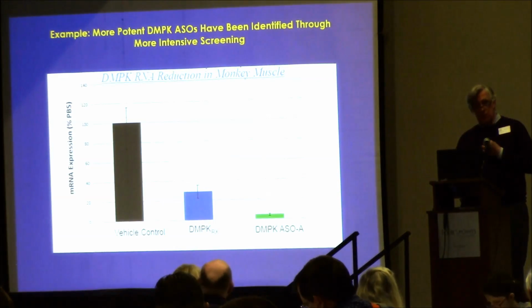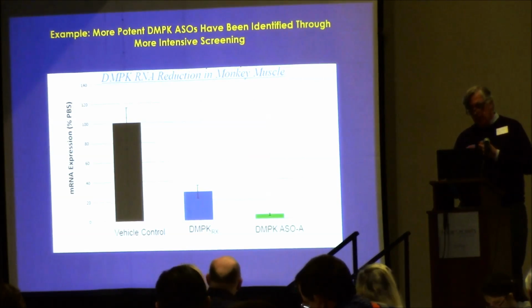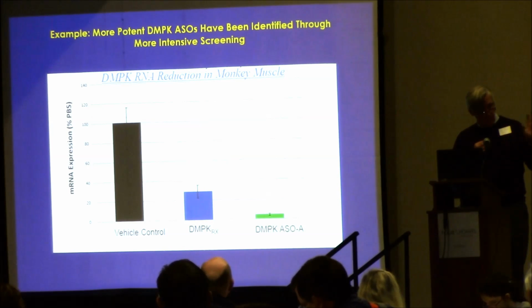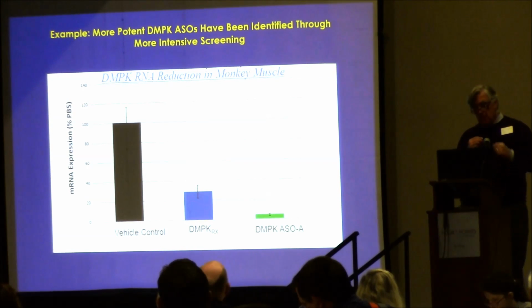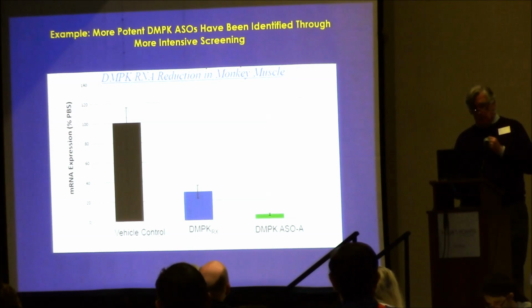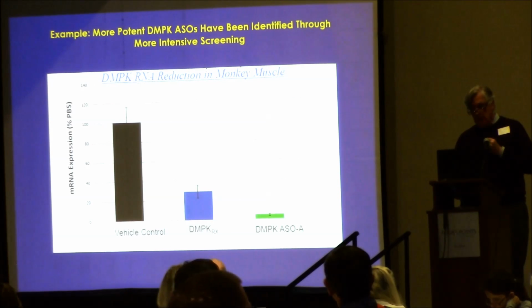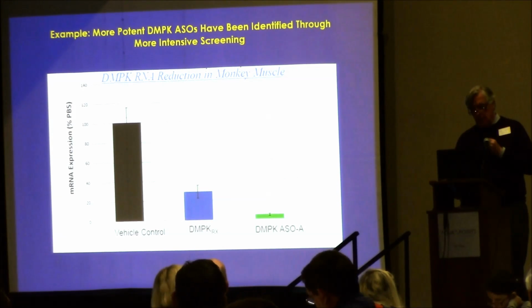This shows you some of their early data looking at effects in animals. Looking at the myotonic dystrophy target, the blue bar in the middle is the current drug. And then the new drug shows how much better it's working.